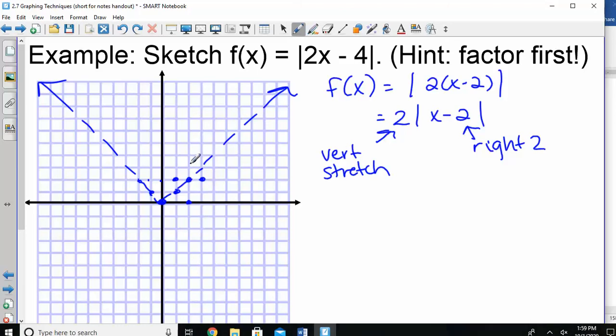Y value times 2 would take it up to a 4, and then right 2. Negative 2, 2. If you take your y value times 2, that takes it to a 4, and then right 2. So we're just getting this skinnier absolute value that's been shifted over to the side.